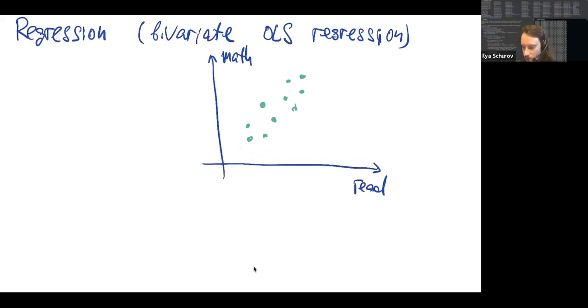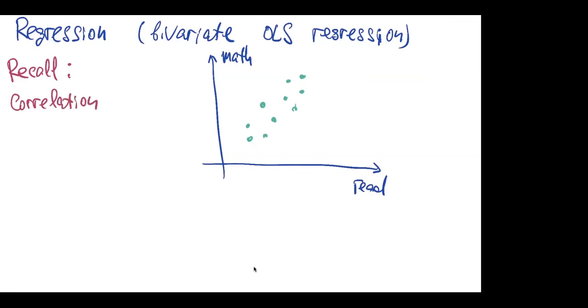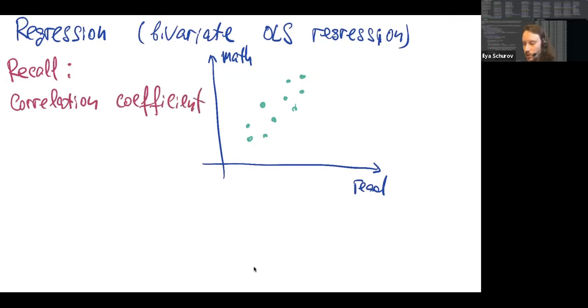So a short recall. We discussed correlations, the correlation coefficient. And this correlation coefficient denotes how close our points are to some straight line.